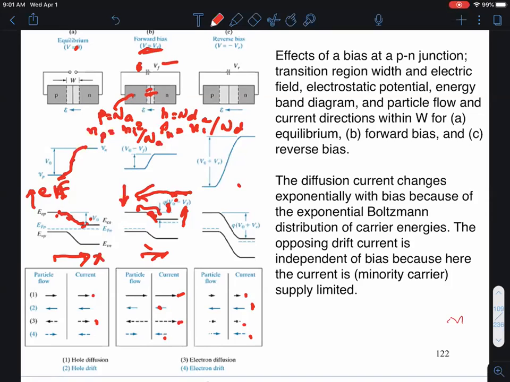As I said, if you look at the equilibrium condition, as soon as you join the P and the N regions, the electrons from the n side flow over and recombine with the holes, and in the process, they expose positively charged donors on the n side and negatively charged acceptors on the p side.